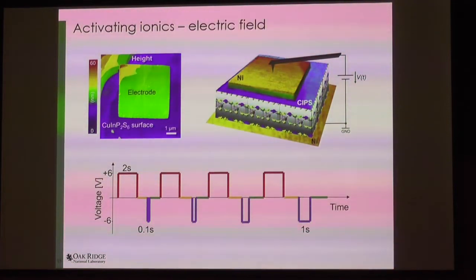We have the -6 volt pulses from 100 milliseconds to 1 second, and reset pulses of 2 seconds. In this particular case, we used an atomic force microscopy setup, and we could image piezo response through a nickel electrode in a capacitor structure.